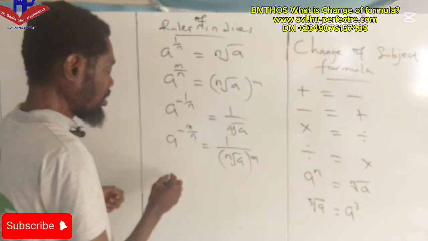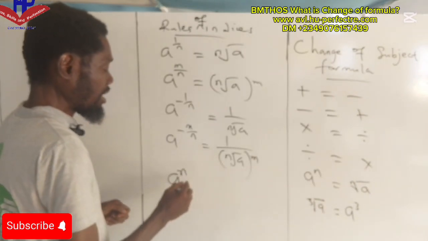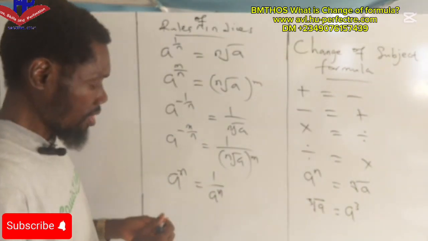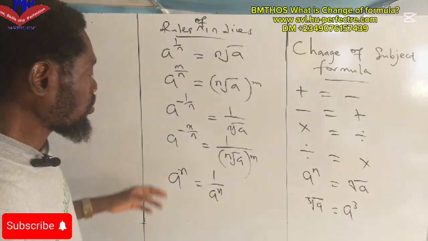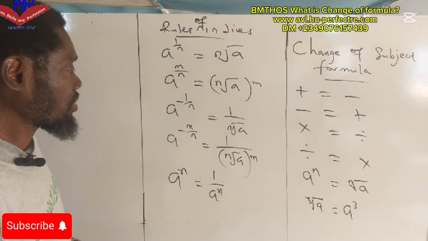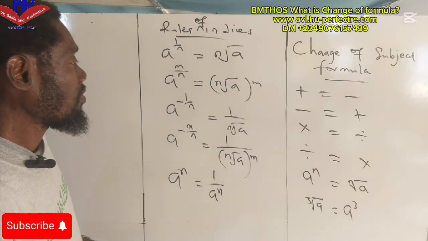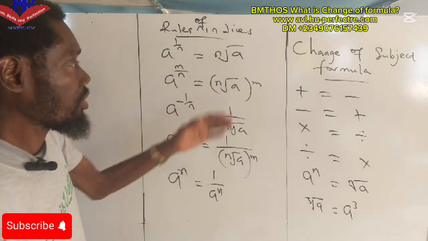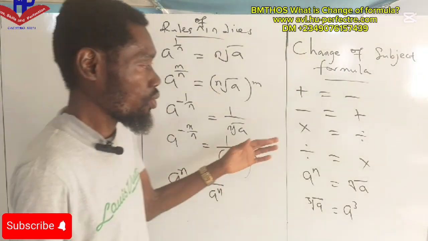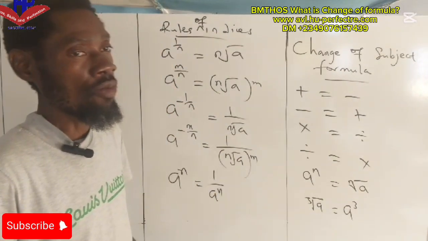We also have a raised to power minus n, that will be 1 over a raised to power n. If you have these rules in you, you would be able to solve problems in change of subject formula. So with this idea, we could solve a lot of problems.